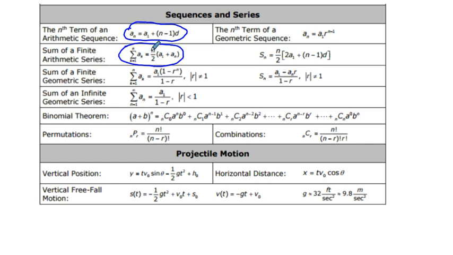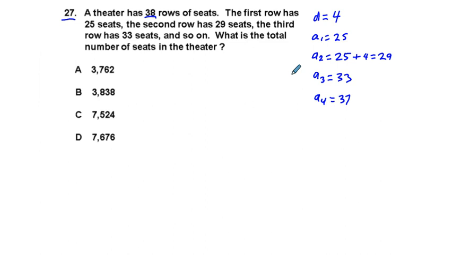If we have n, which is the total number of rows, and we have the first row and the number of seats in the last row, we can just calculate what that value is. And to find the number in the last row, we use this nth term of an arithmetic sequence formula on top. So I'm going to use these formulas.